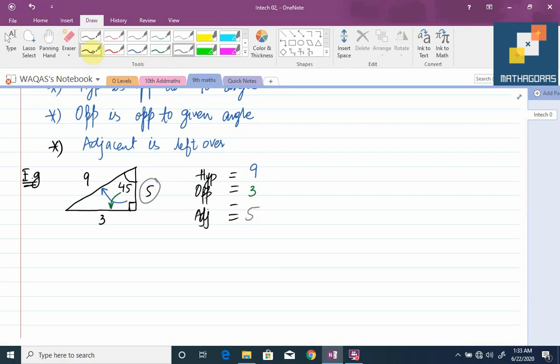So keep in mind how to identify these sides and what the properties of these sides are. In a right angle triangle, we are going to deal with three sides named hypotenuse, opposite and adjacent. How to identify? Opposite is opposite to the angle, hypotenuse is opposite to 90 degree, and adjacent is the leftover part. Right? Now, the formula of Pythagoras.